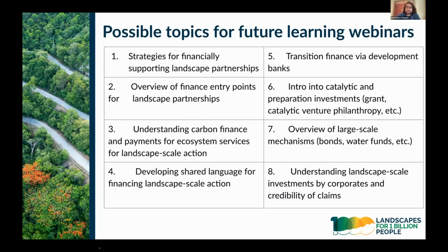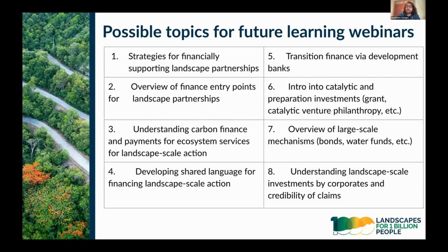manage financial flows. Now, the second one, an overview of finance entry points for landscape partnerships, is basically thinking about the very different land use and entry points for why there are supporters or funders or investors in landscapes. These really range from restoration to biodiversity conservation to food systems, climate change mitigation and adaptation approaches, and many variations in between.